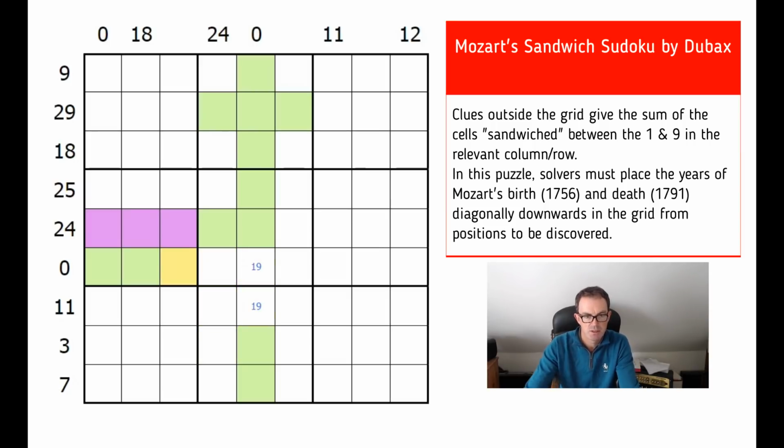Now obviously we can put some more highlighting in. Because of this 0 here, we know that the other 1 or a 9 will either be here or here. There's going to have to be 2 squares away from this 1 and 9 to make the 11 total.